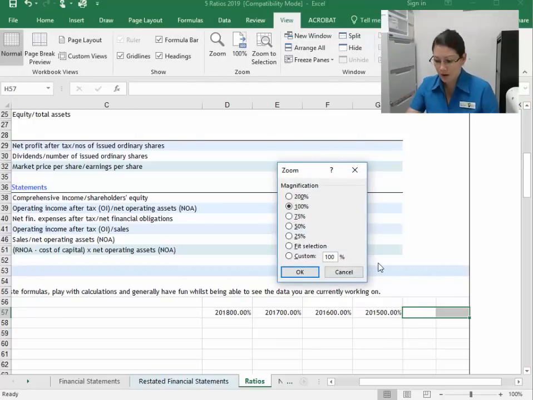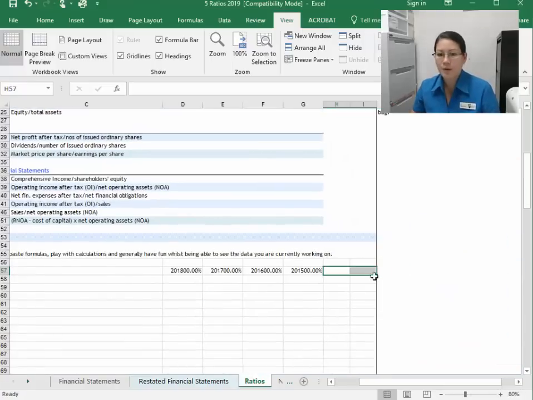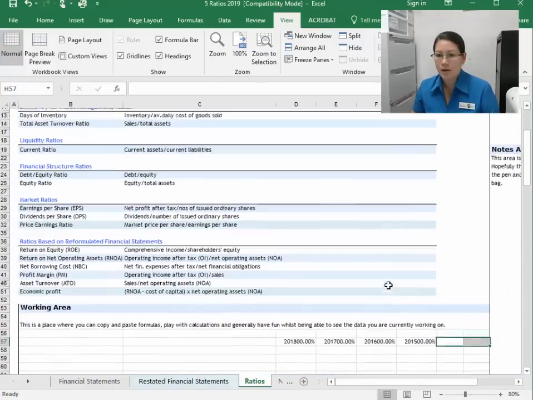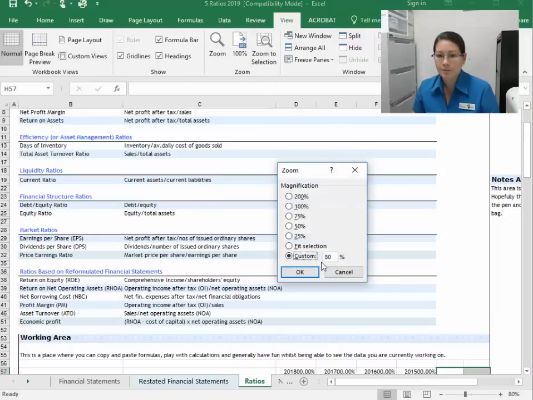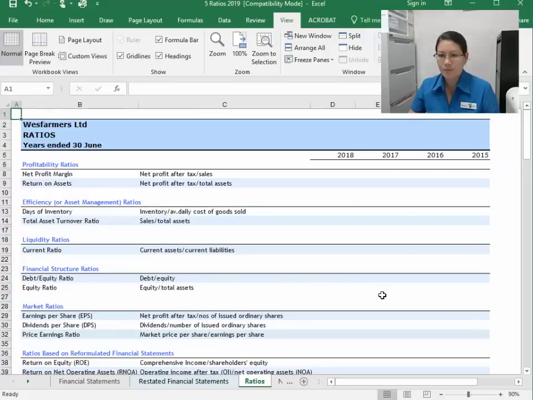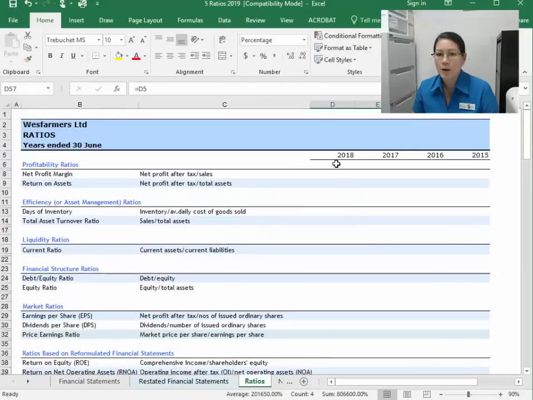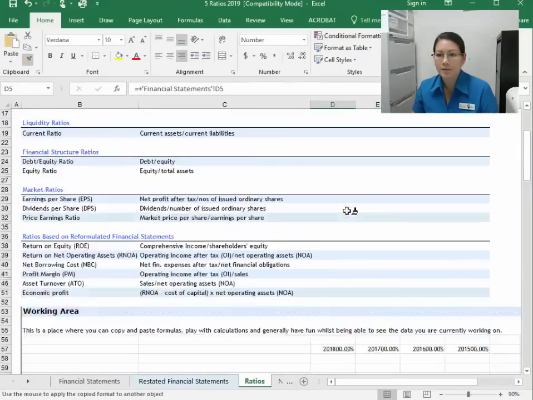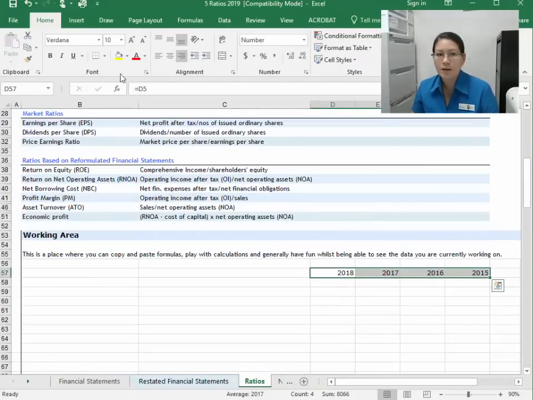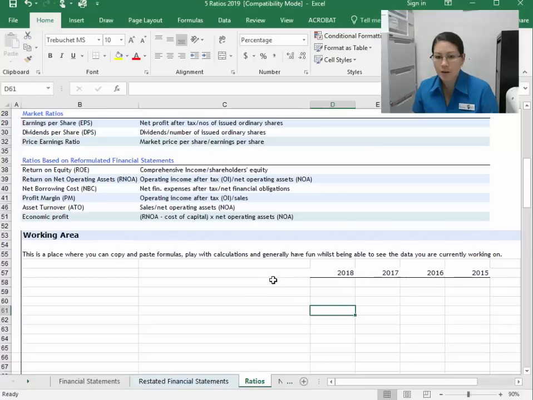Let's go, say 80%. Okay, maybe 90 even. All right, let's format it the same way. So format painter and all of that. Put a line over it. All right, so now we're ready.